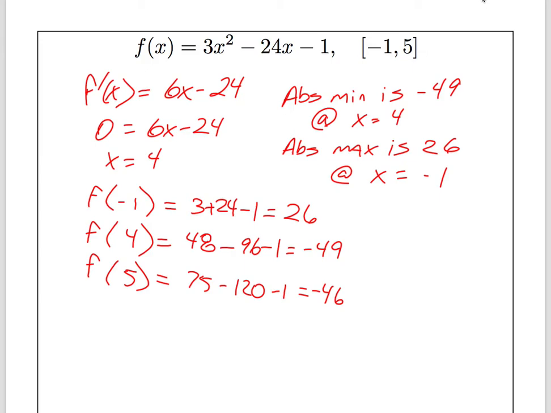So if I have an absolute min or an absolute max that occurs at a critical point, that means that spot is also a relative min or relative max, whatever it was. That makes sense? Okay. Impossible to have a relative min be your absolute max. Not possible. Make sense? All right, so let's see what this looks like on a graph, just to verify what we did.